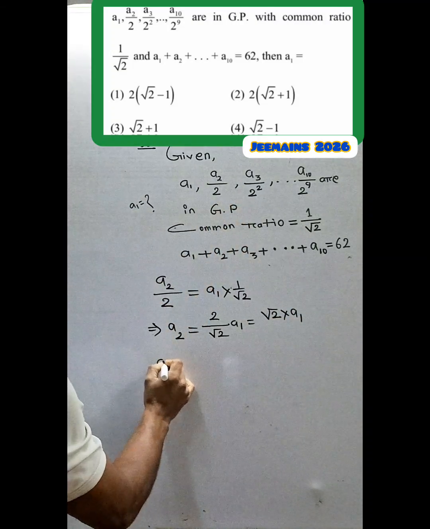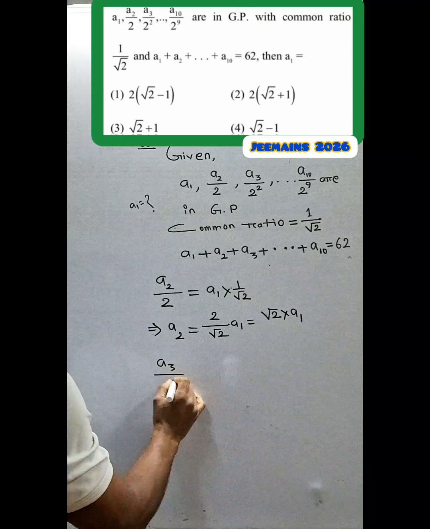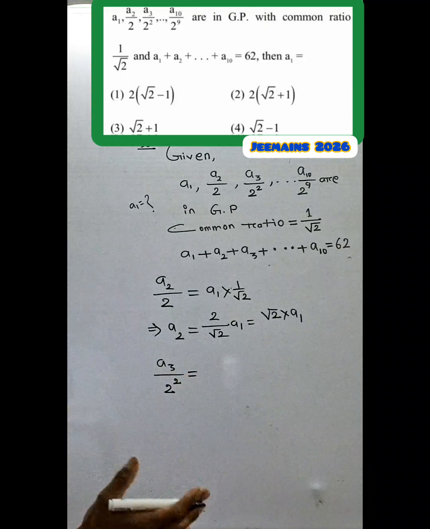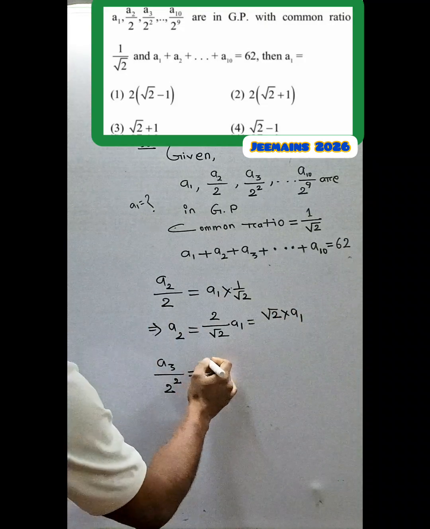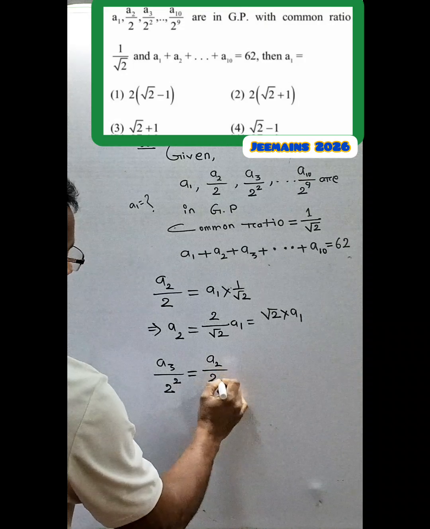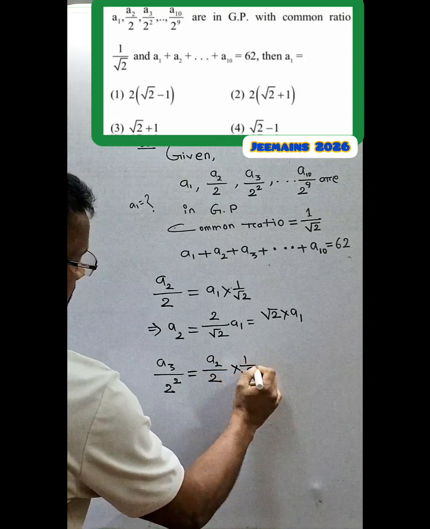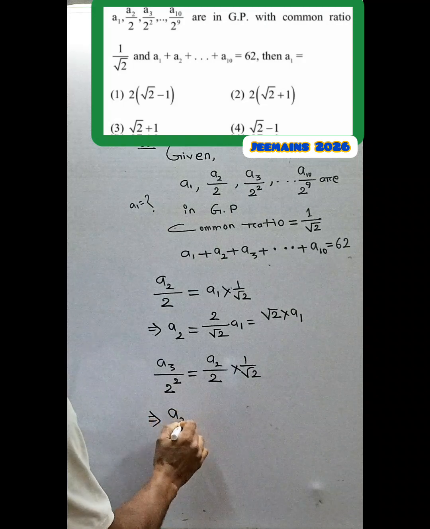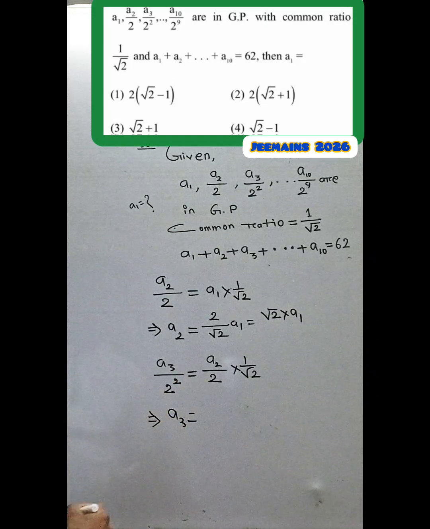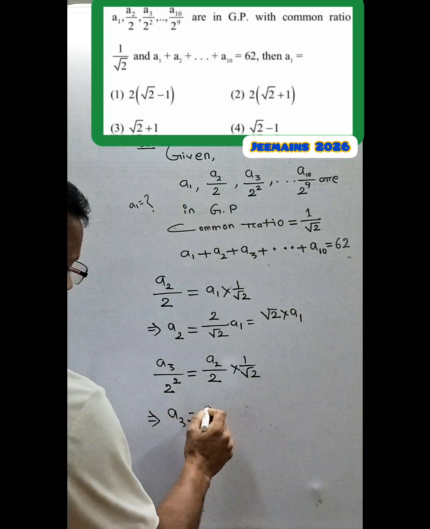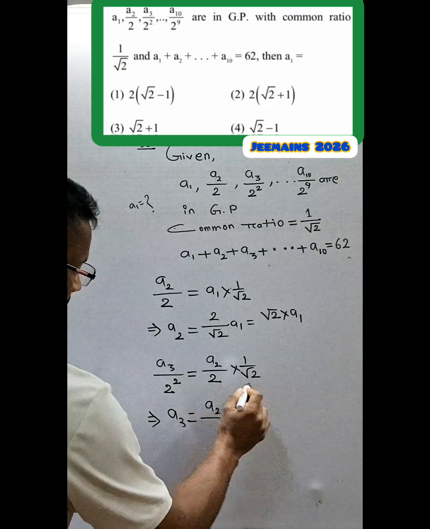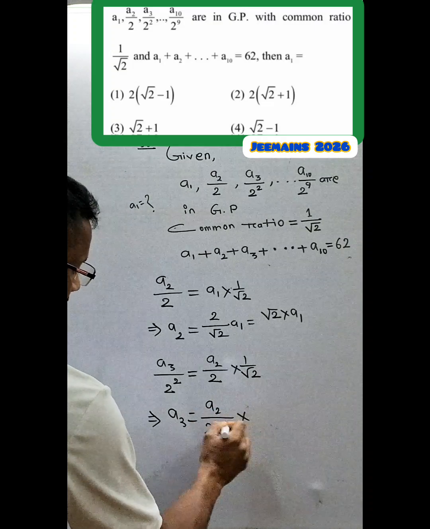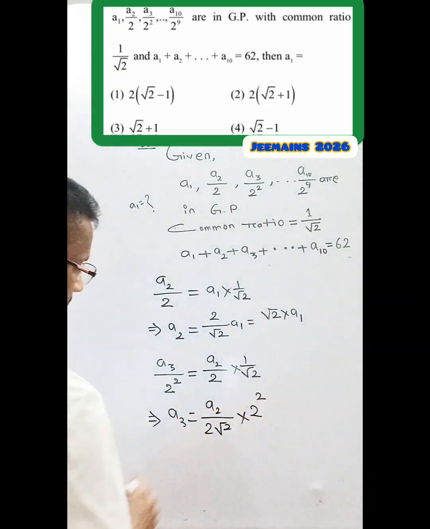Similarly, third term A3 by 2 squared is the product of the second term and the common ratio. Second term A2 by 2 into common ratio 1 by root 2. From here, the value of A3 in terms of A2 we are to calculate. That's A2 by 2 root 2 into 2 squared.